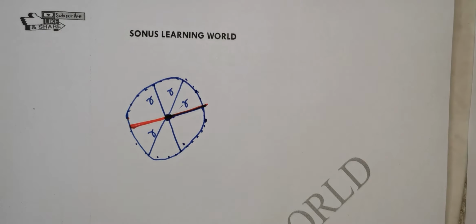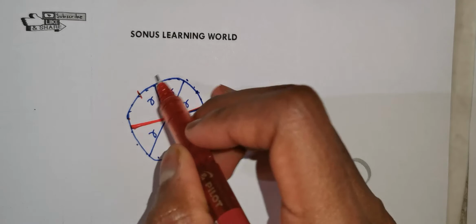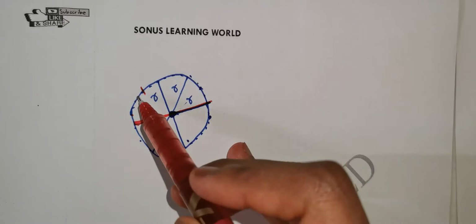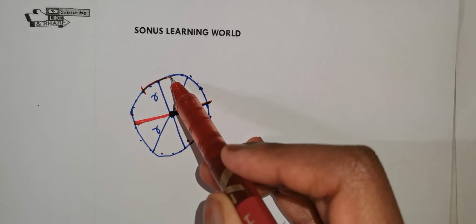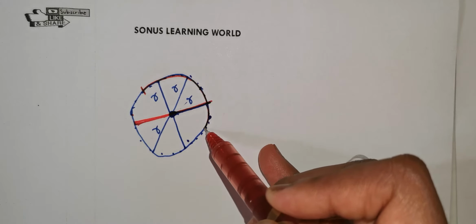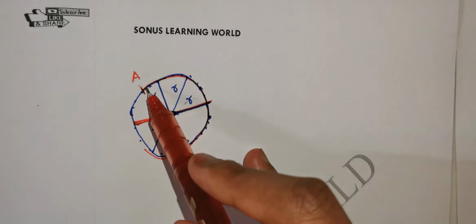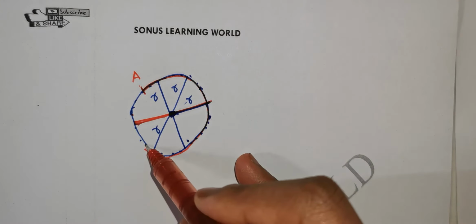Next, what is the circumference of a circle, students? Assume that this is a circular playground, and a boy is running along the boundary of this playground. He starts from this point A, runs around, and finishes at A itself.